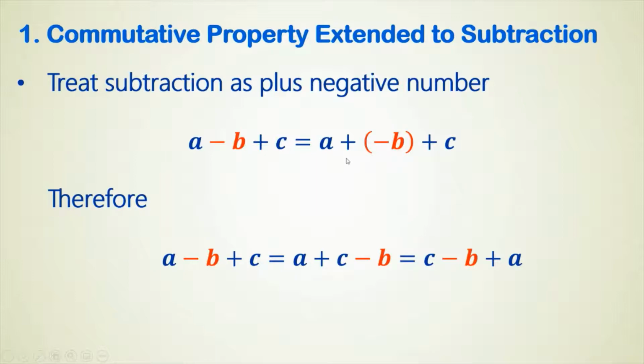Then, since the operations here are both plus, we can use the commutative property of addition, and we can change the order of the terms in any way we wish. So a minus b plus c can become a plus c plus negative b, or, for example, c plus negative b plus a. Plus negative b is essentially minus b.